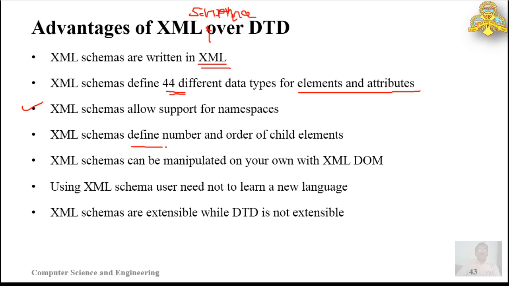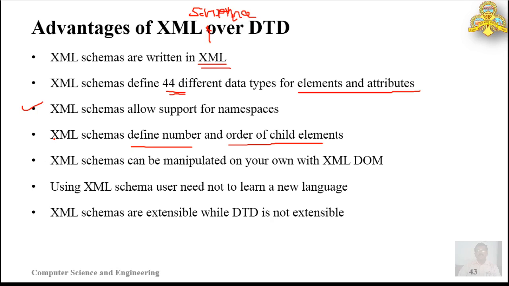It also provides the number and order of child elements. How many child elements can exist in an element, and also the order of the elements. So if an element does contain some child elements, their order is important. For example, a person's name can be split into three parts, that is first name, mid name and last name.